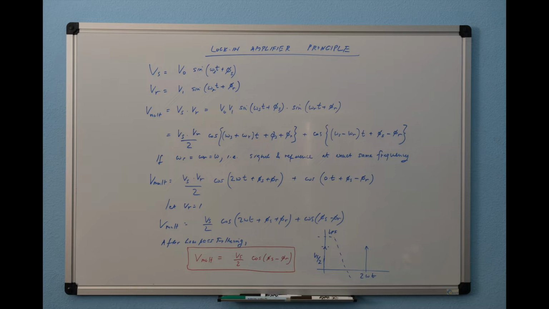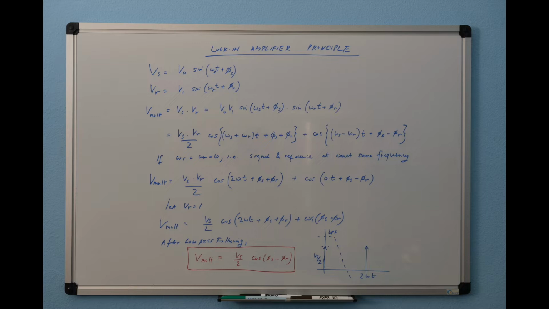That is because omega 1 minus omega 2 is equal to 0, since omega 1 equals omega 2. We can further simplify by letting the reference clock be normalized to an amplitude of 1 volt. Then V mult is equal to Vs over 2 times cosine of 2 omega t plus phi s plus phi r, plus cosine of phi s minus phi r.